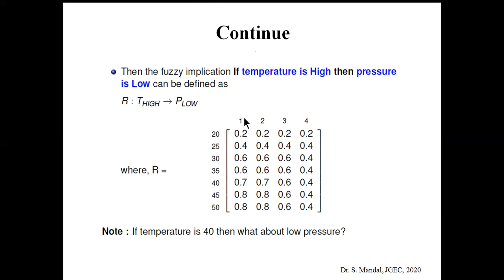Okay, so the rest is similar. So you can see, for the fuzzy set, what is the certainty when the temperature is 20 and the pressure becomes 1?